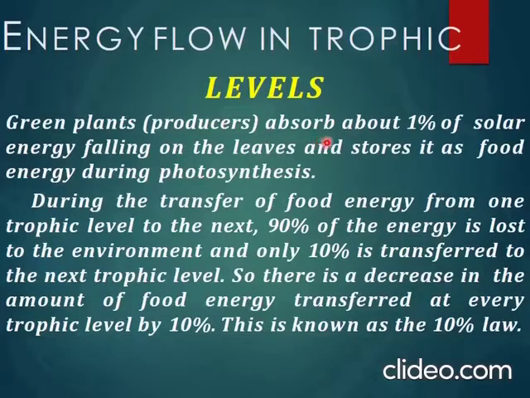Green plant producers absorb 1% of the solar energy falling on the leaf and store it through photosynthesis. During the transfer of food energy from one trophic level to the next, 90% of energy is lost and only 10% is transferred. And this is known as the 10% law.